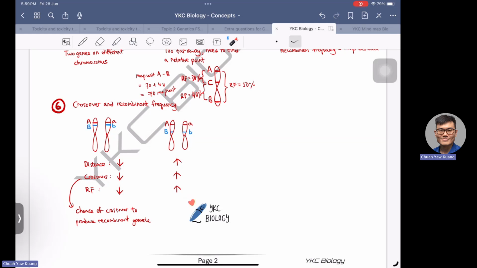With that, these are all 6 important key concepts to prevent confusion when you are answering questions related to linkage. Whenever you get confused with questions related to linkage, always look back into this and think about these 6 concepts.